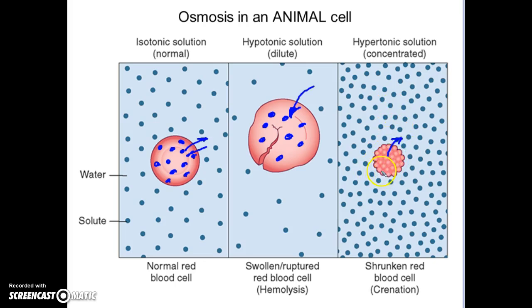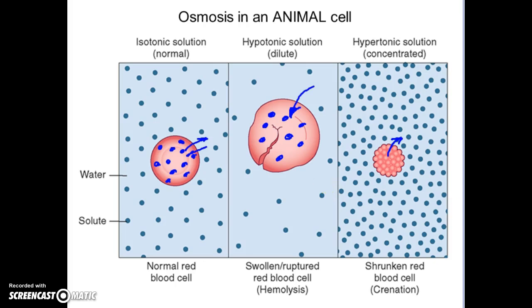And we do this to ourselves when our kidneys aren't working properly and we're not able to clean the fluids in our bodies and things like that. So we get problems with our blood when we're not taking care of our bodies. And so homeostasis is very important in our bodies. We want to make sure that we maintain the proper concentration of solute to solvent in our bodies.